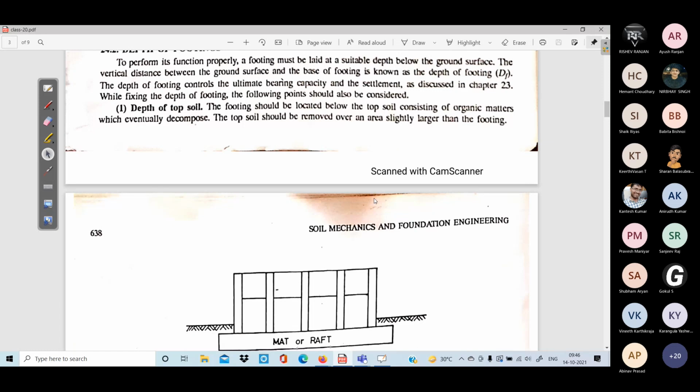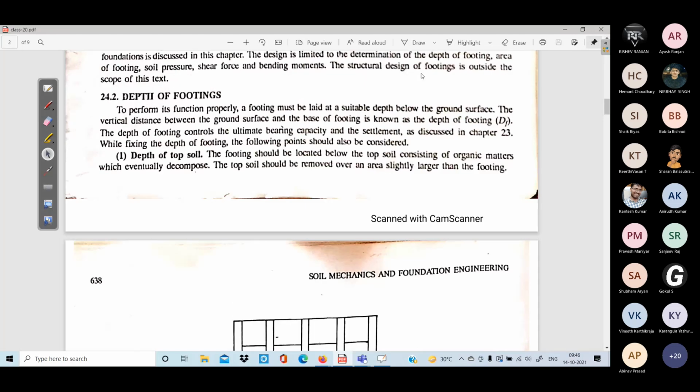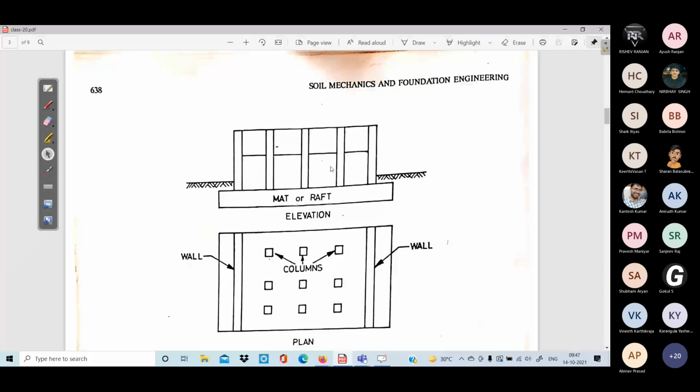It must be laid at a suitable depth, 1 or 2 meters. Again, it depends on the load and other things while designing. We'll find all of that out.